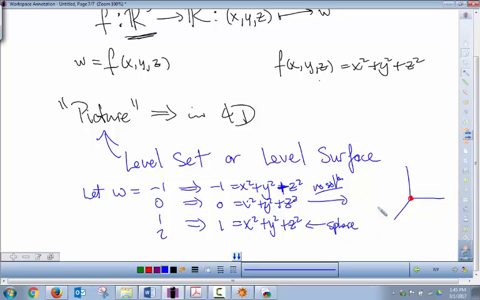This is a sphere of radius 1. So back to the quadric sections, remember? I said they were kind of important. Let's do one more. X squared plus y squared plus z squared is equal to 2 is what? Another sphere, radius square root of 2.